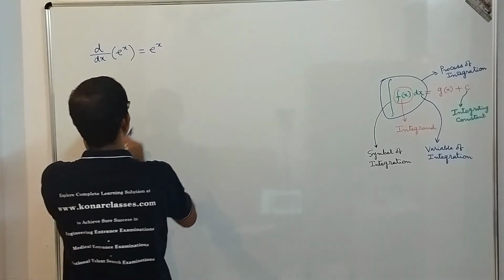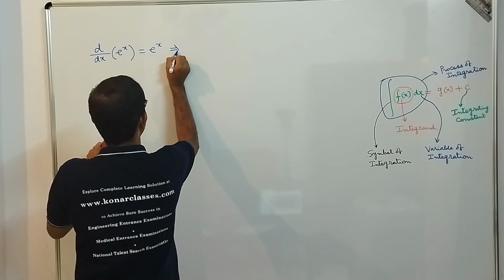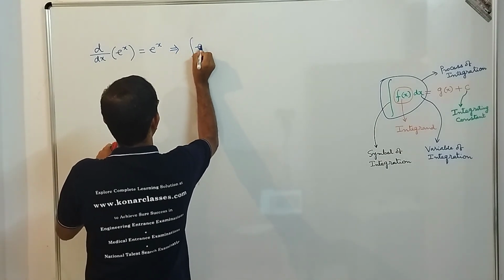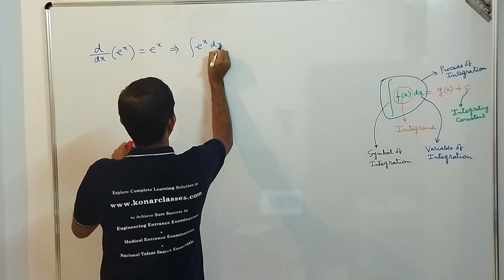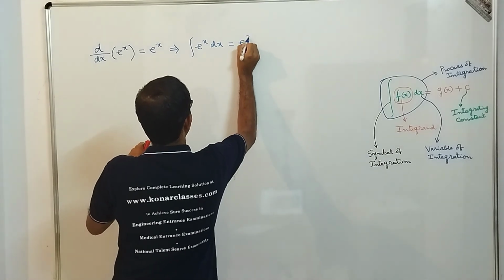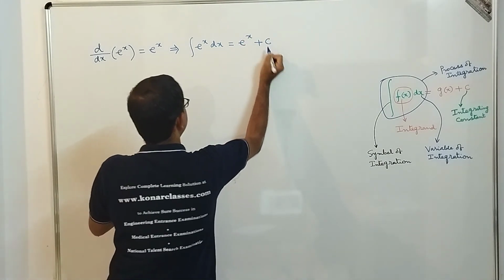So that implies integration of e power x dx is equal to e power x plus c.